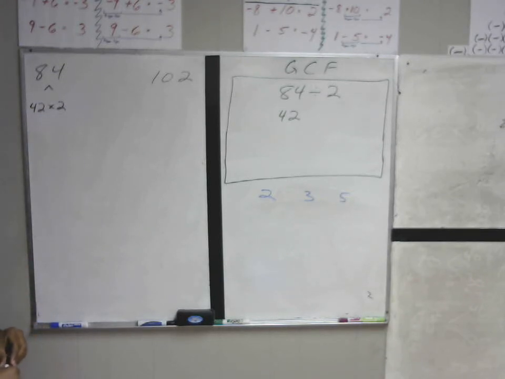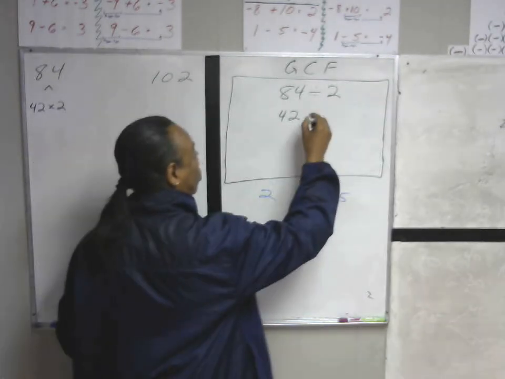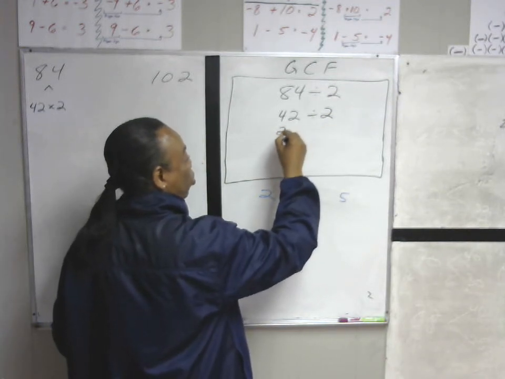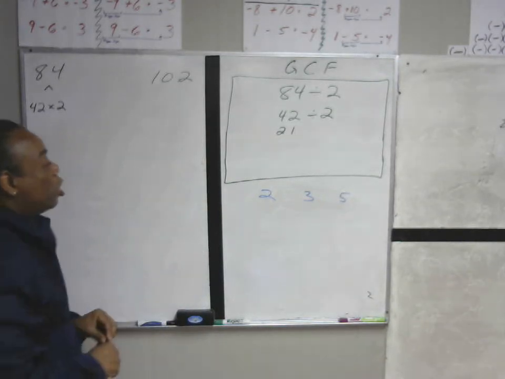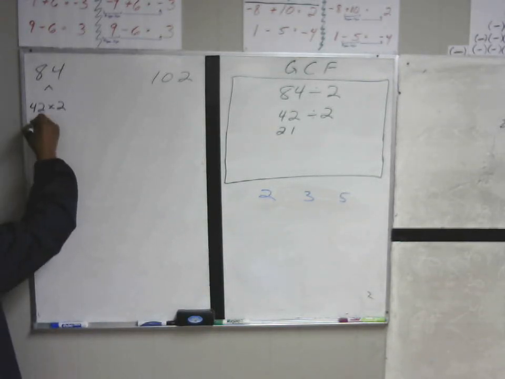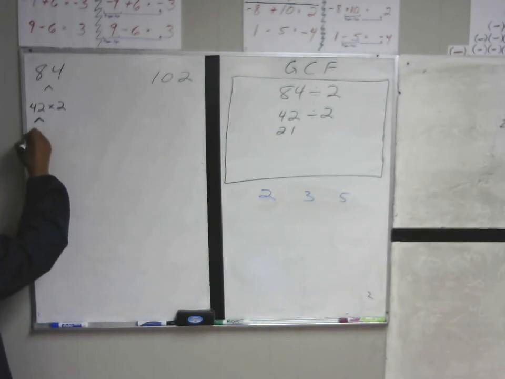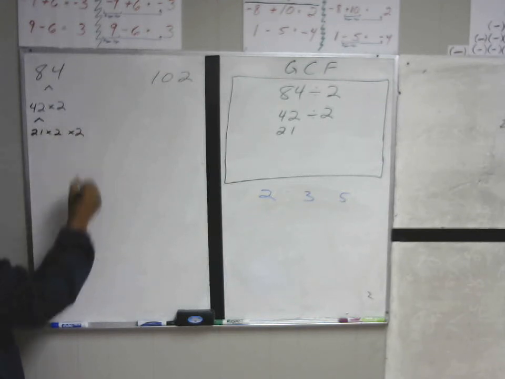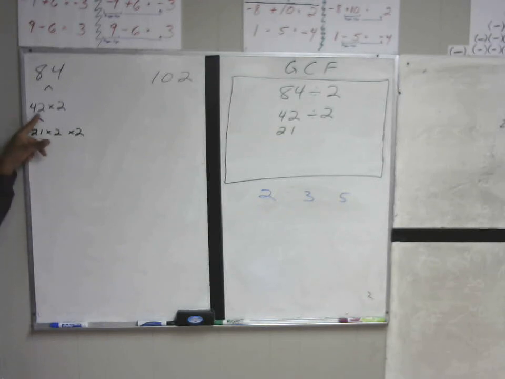Now let's divide 42 by 2 again. 42 divided by 2 is 21. So what you write over here is 42 breaks down into 21 times 2, and then times 2 here.